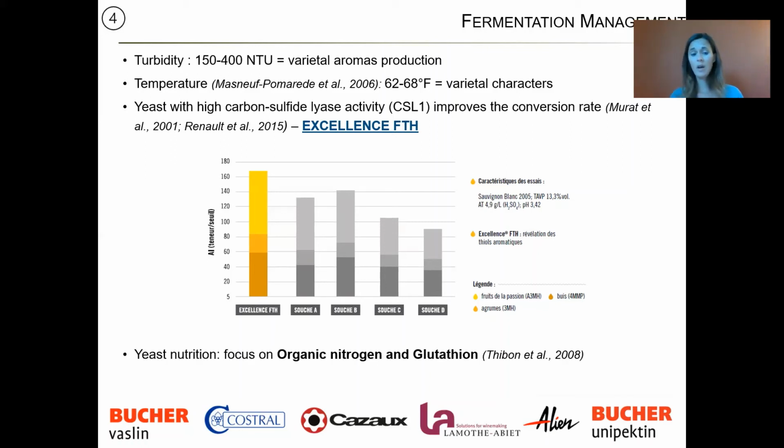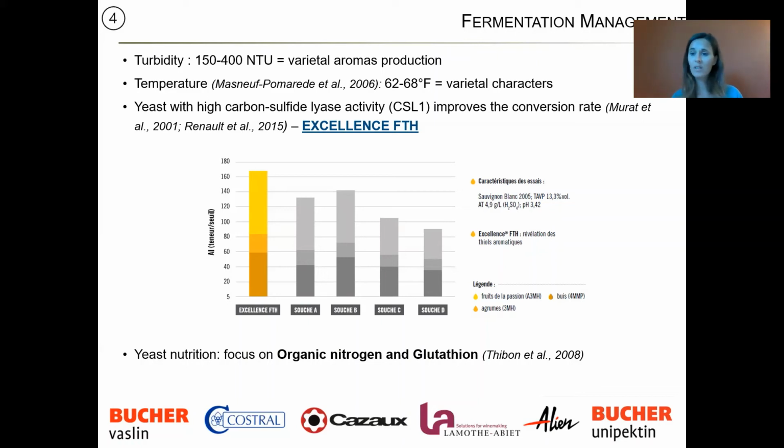Another point is how the yeast is fed. The yeast, of course, doesn't need to be stressed. The yeast should have an optimized metabolism and no stress. She prefers organic nitrogen, so it's better to focus on organic nitrogen nutrition. And as we saw before, if you give glutathione to the yeast, it is able to transform it into a thiol.